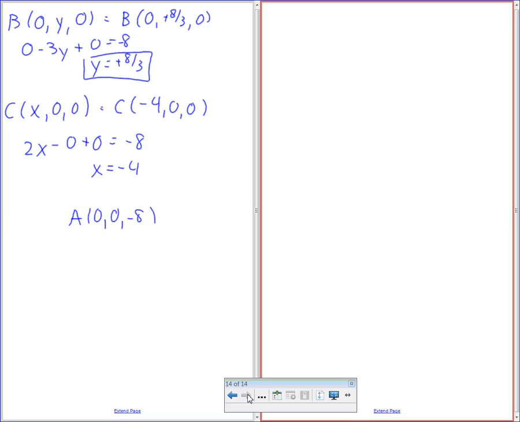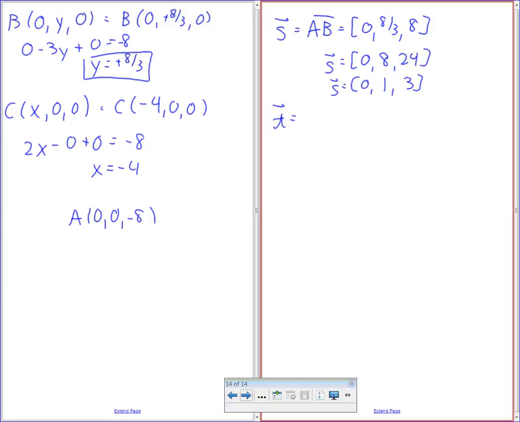Okay, continuing on there, I'm going to say vector S. Vector S is going to be AB. You could have chosen different vectors. So AB is going to be 0, 8 over 3, comma 8. I'm going to call S equal to 0, 8, and 24, which conveniently is 0, 1, and 3.